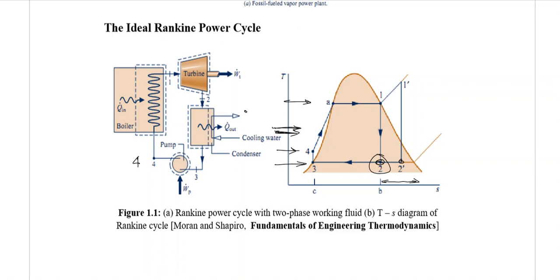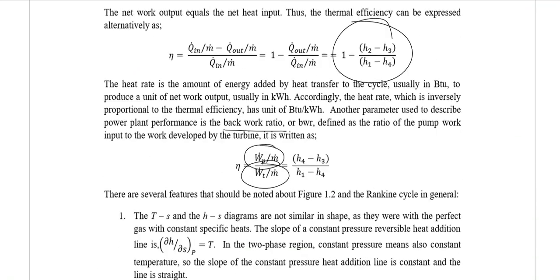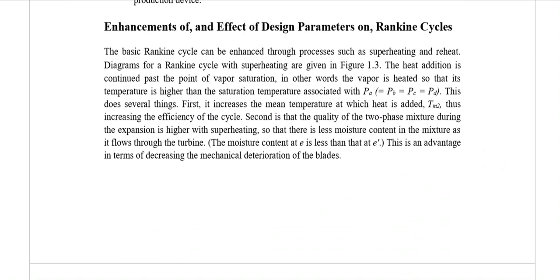In other words, when the steam is exiting the turbine with less moisture content in the mixture, there is an advantage in decreasing the mechanical deterioration of the blade. When you have expansion and there is moisture in a turbine, that deteriorates the blades, and also deteriorates the oiling, the greasing of the turbine.